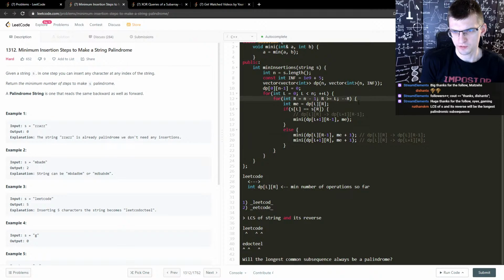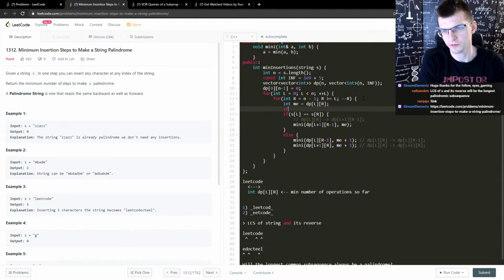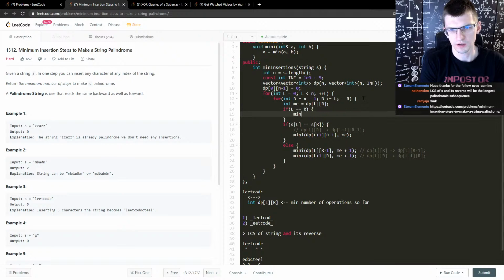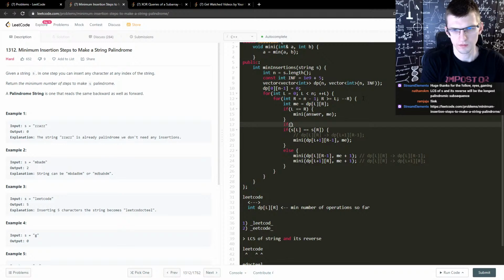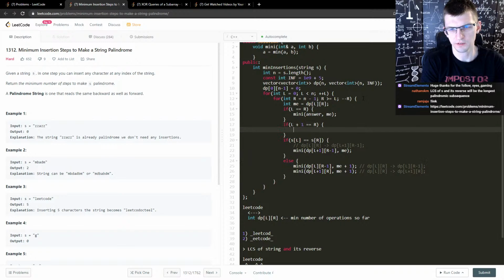Right, if L is equal to R, or maybe this answer, minimize with me. If the interval is of size 2, minimize the answer with me, plus 1 if those two characters are different.